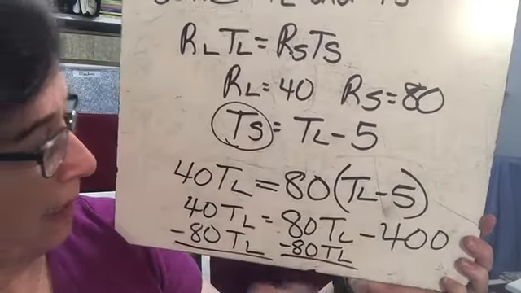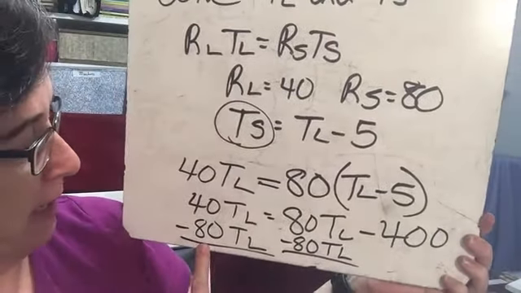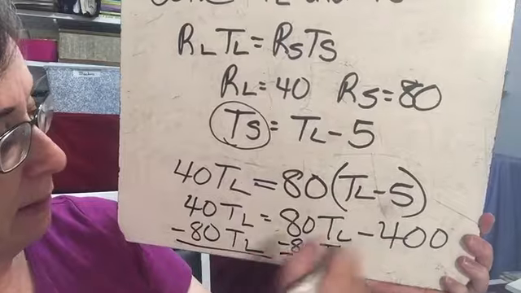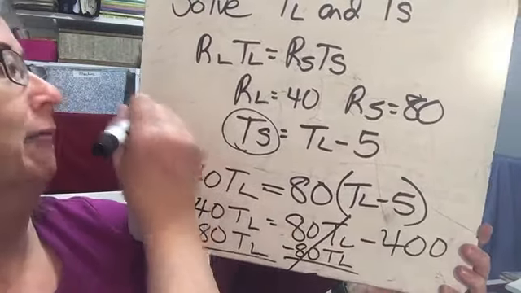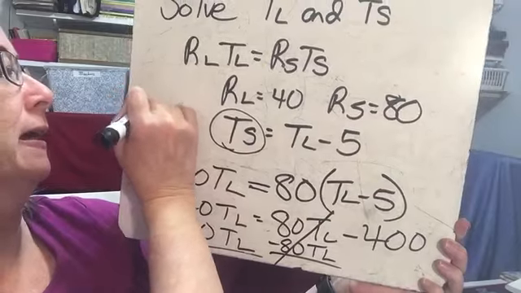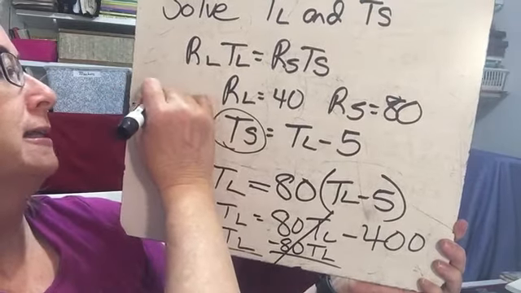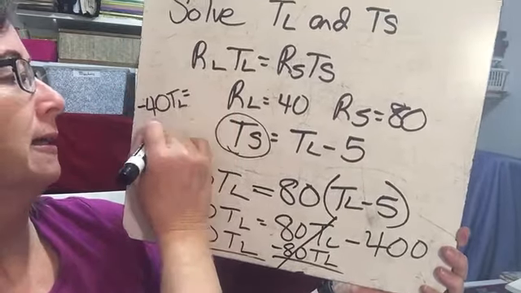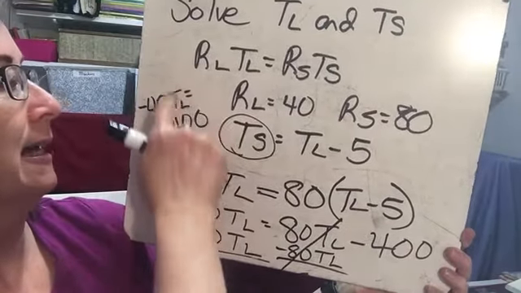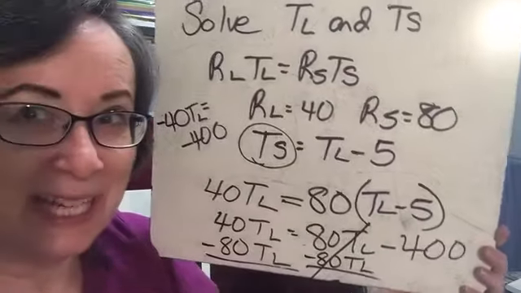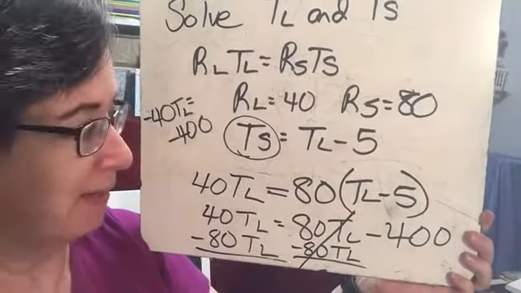So we end up with negative 40 T sub L equals negative 400. All right, well, look at that. Negative 40 T sub L equals negative 400. Doesn't T sub L have to be 10 to make that true?